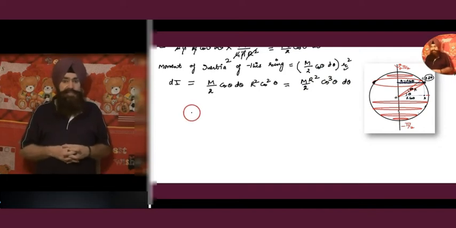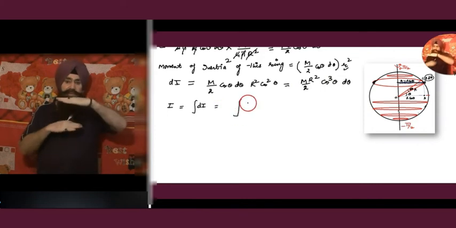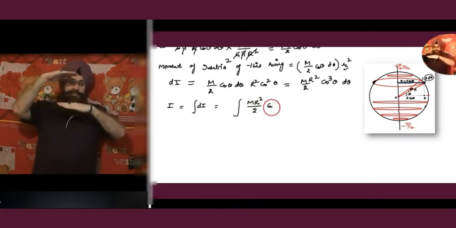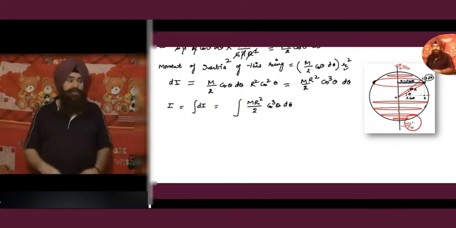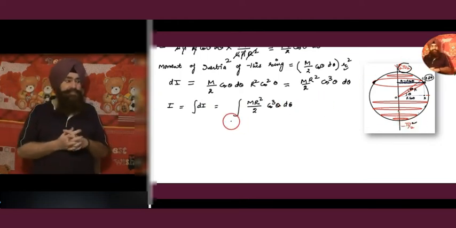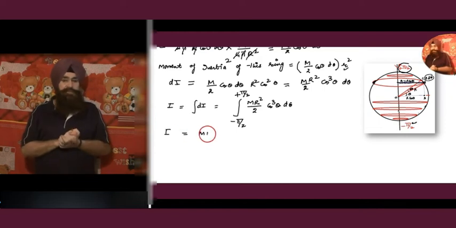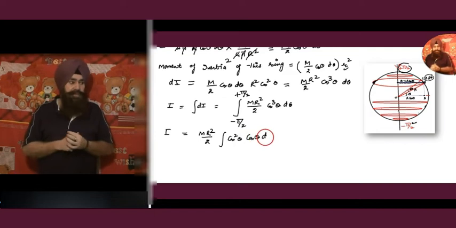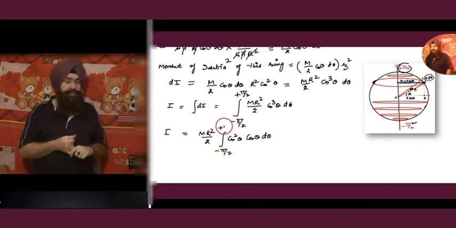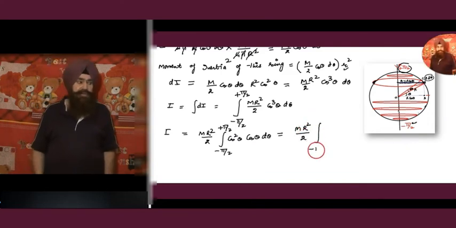These rings extend from the baseline minus pi by 2 to plus pi by 2. So integrating within the limits, minus pi by 2 to plus pi by 2. Now because it's a cos cube theta, we split it: cos square theta into cos theta.